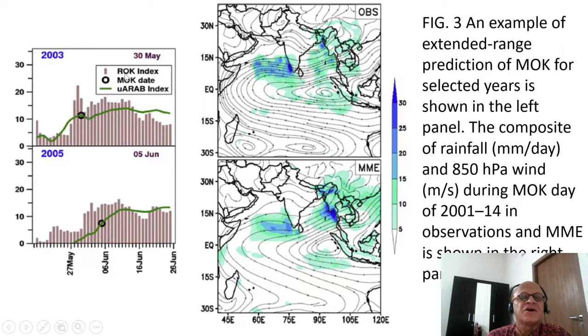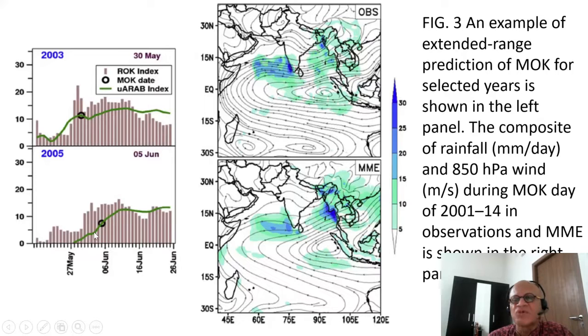Okay, here is the ROK index and the MOK index. So that is the monsoon onset over Kerala, and ROK has to be the rainfall. So you can see here 2003 and 2005, the accumulated rainfall. You can see the jump, the actual date and the predictions. So one is the prediction, one is the declared date.